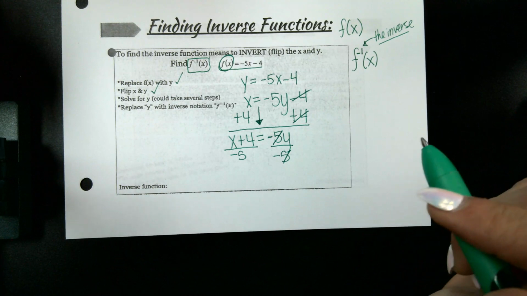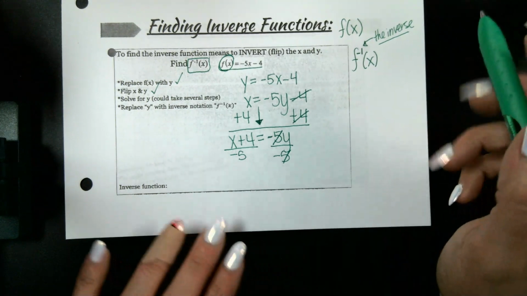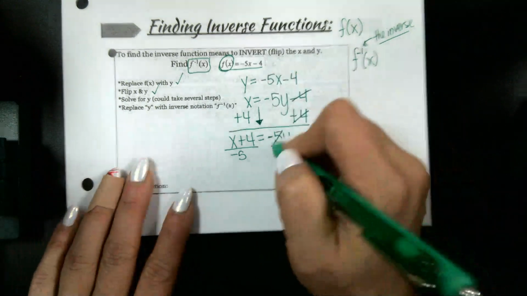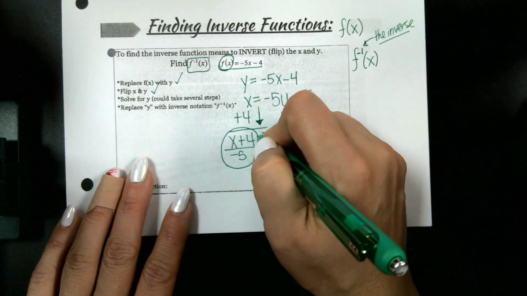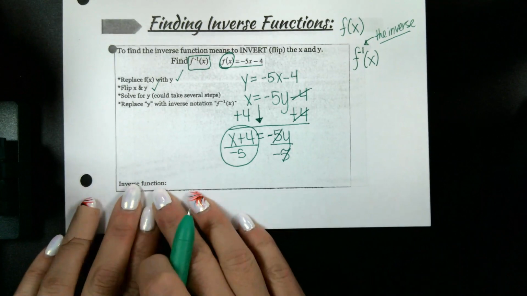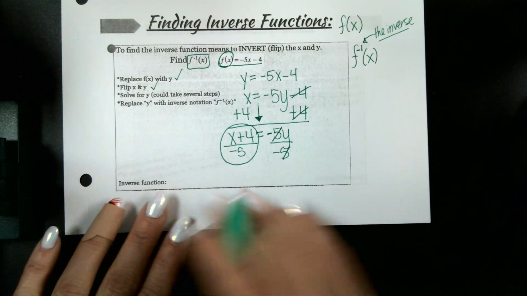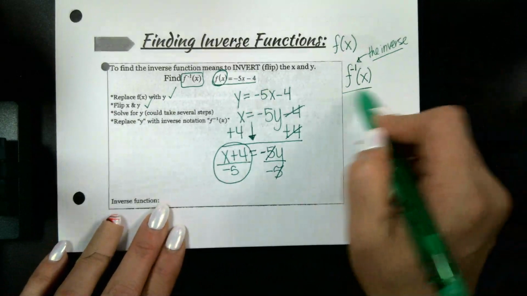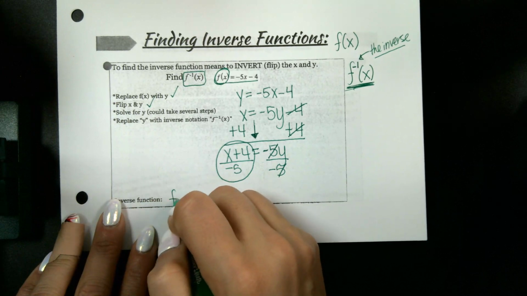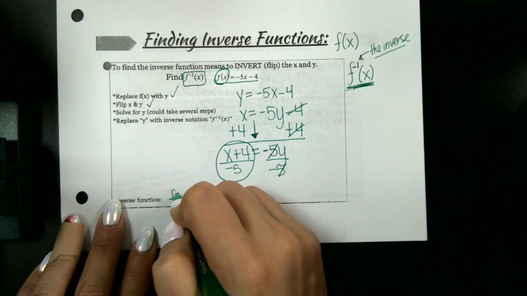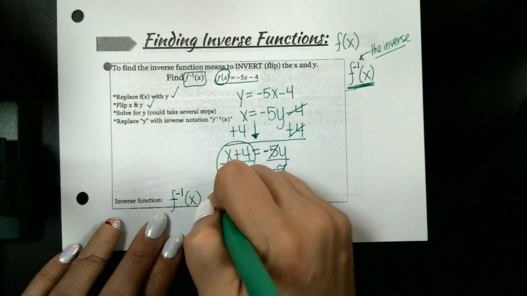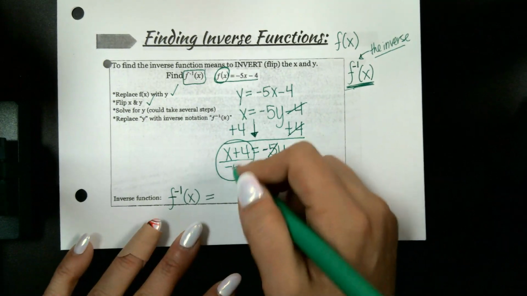Now look up at the board. Is y now by itself? Yeah. Okay, so this right here is our final answer. However, when we write it as the inverse, you don't want to put y equals. We want to use that inverse notation. So you're going to write f of x, and don't forget to put the little -1 there, equals, and then just copy this back down.